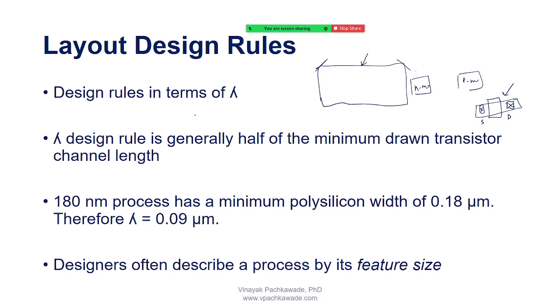Maybe. Okay, sir. So design rules are in terms of lambda. What is lambda? Lambda is a design rule parameter in the technology library. So let's say you are designing the circuit or drawing the layout using the 180 nanometer technology node or process. Lambda is the design parameter which is half of the feature size.